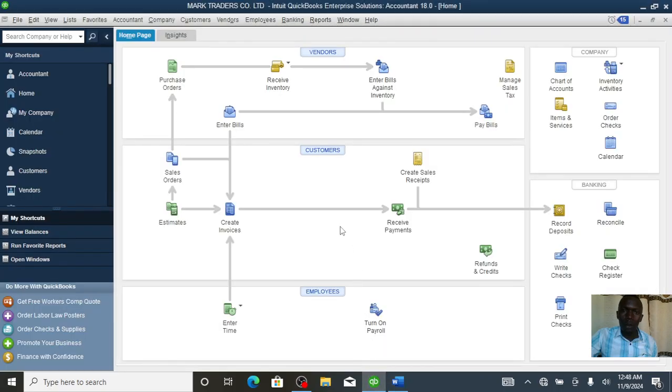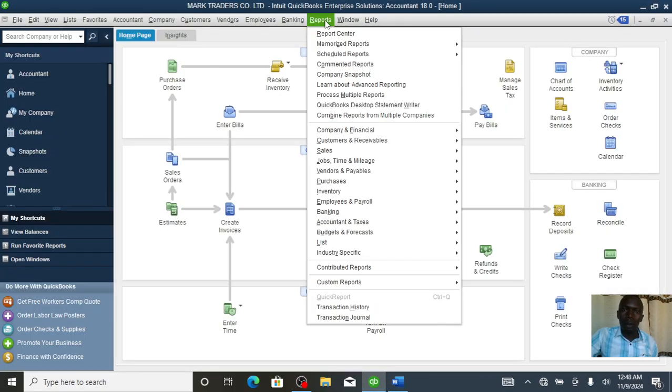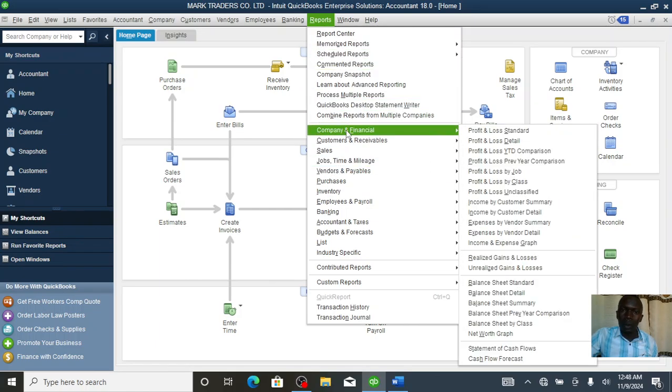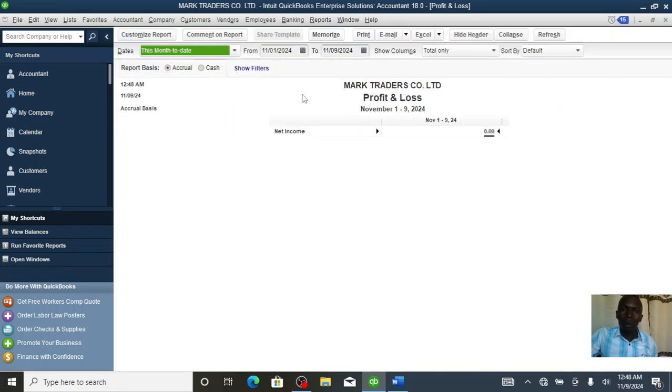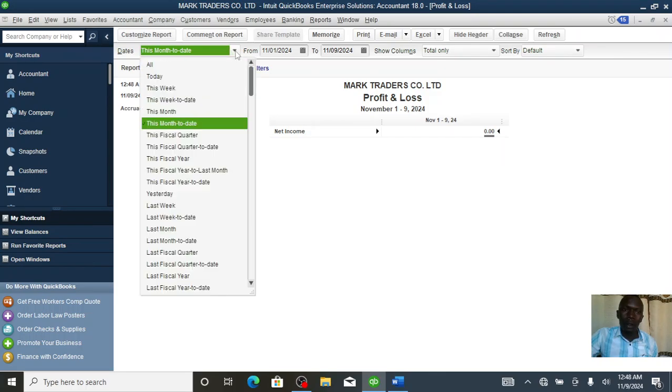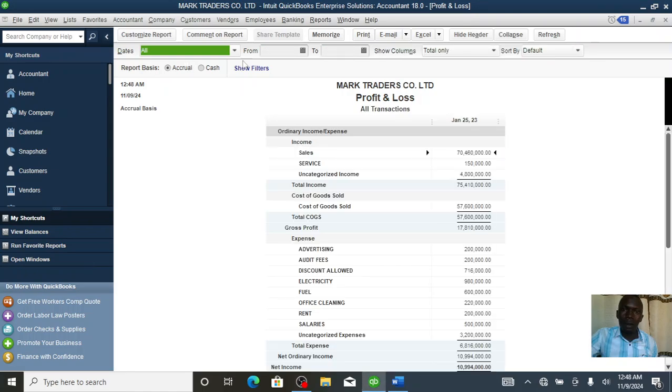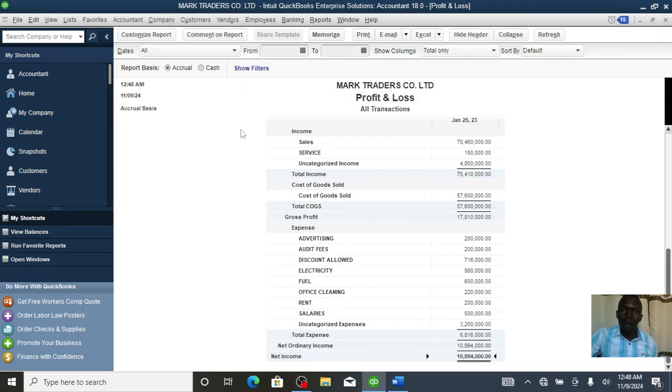Go back to QuickBooks, go to reports, go to company and financial, go to profit and loss standard, the date, this date, say all. So let's extract it like this.